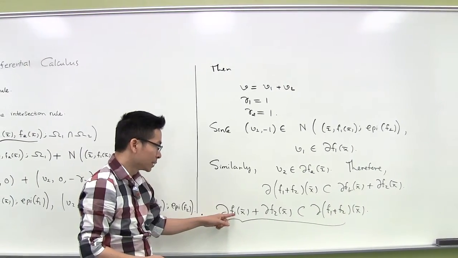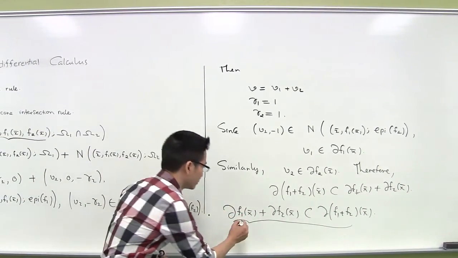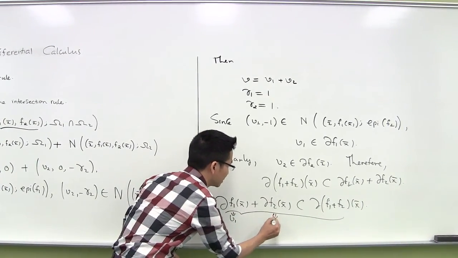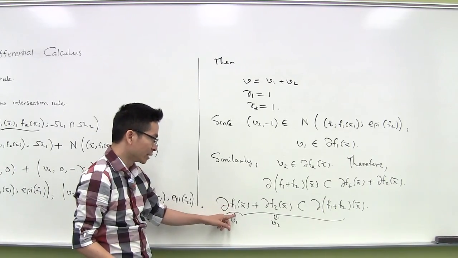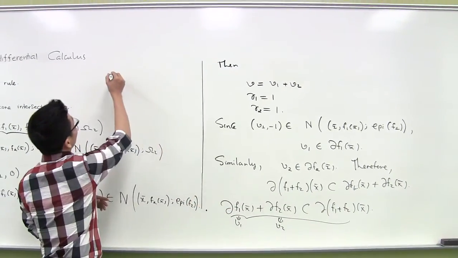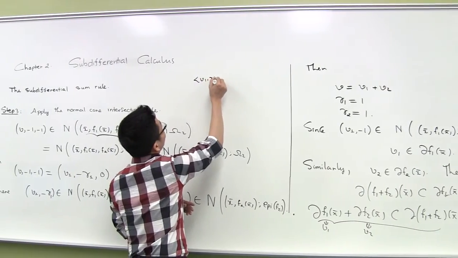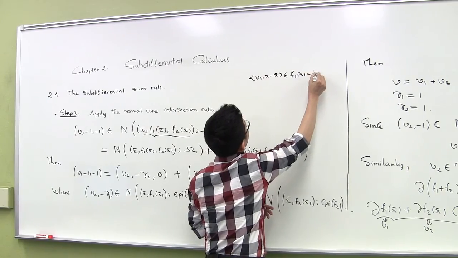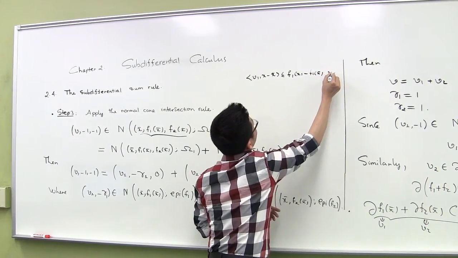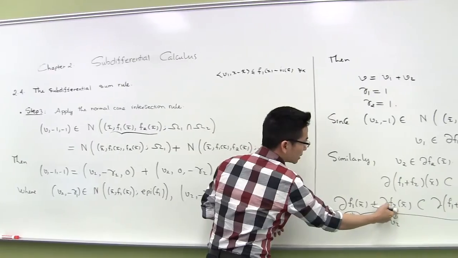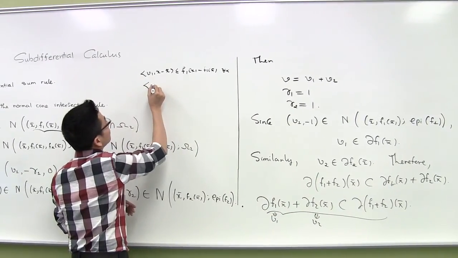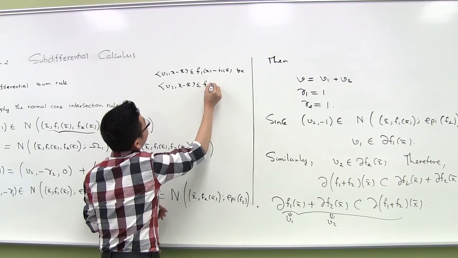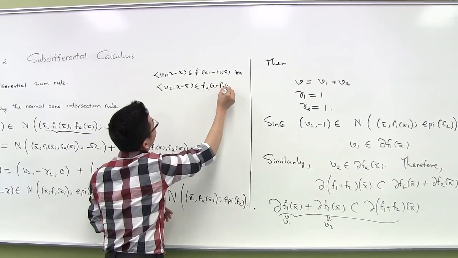So now to show that this is true, we will take V1 in here and V2 in here. Okay, then by the definition of the subdifferential, we always have that V1 times x minus x bar is less than or equal to f1 of x minus f1 of x bar. This is true for all x in R^n. And similarly, because of this condition, we have that V2 times x minus x bar is less than or equal to f2 of x minus f2 of x bar for all x.